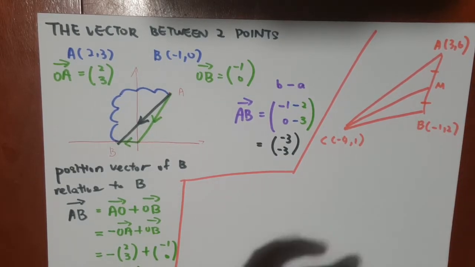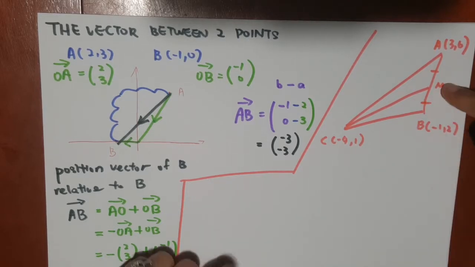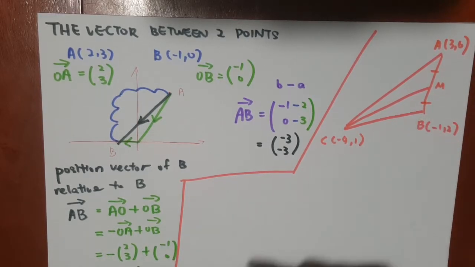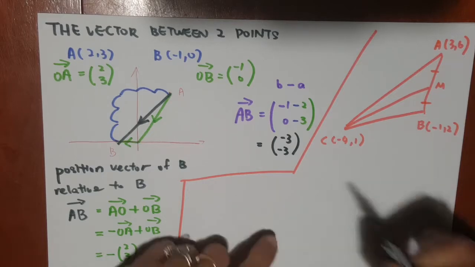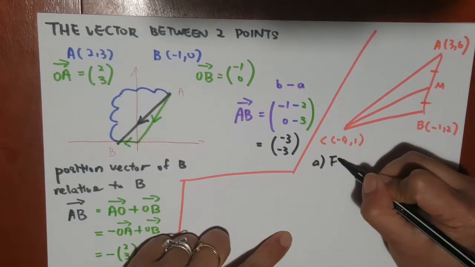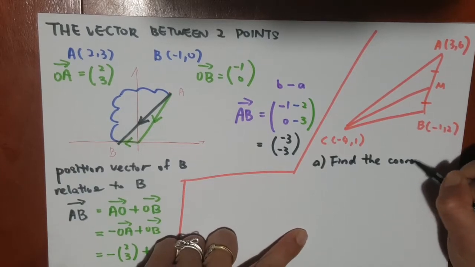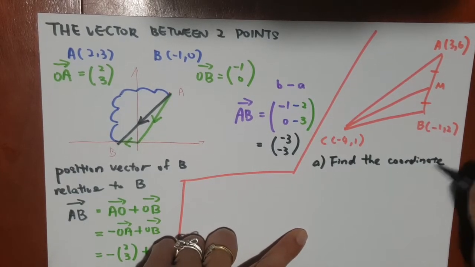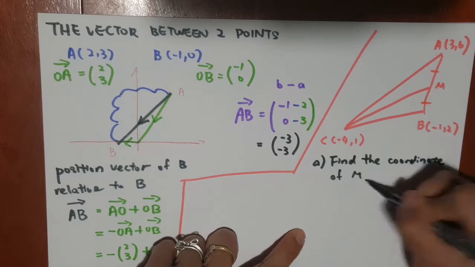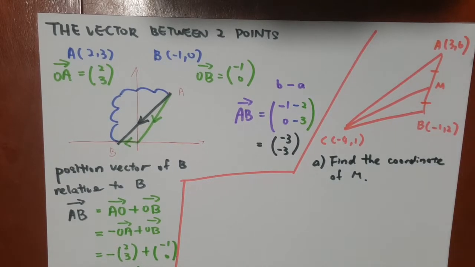Let's say M is the midpoint of AB. The first question is to find the coordinate of M. How do we find the midpoint between 2 points?